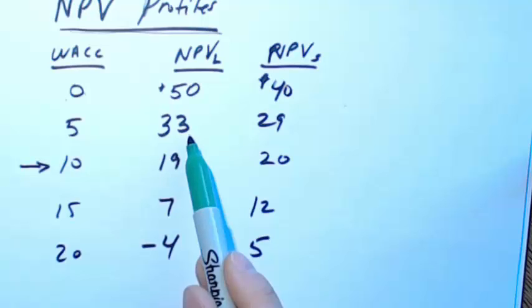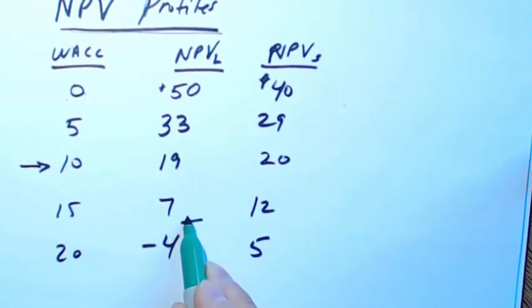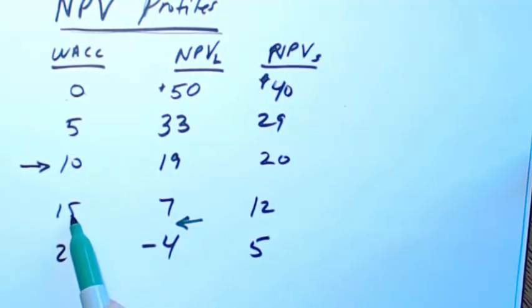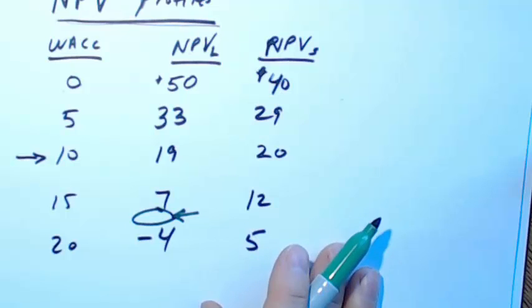So if you thought about where this becomes zero, it becomes zero right here for this particular project, right? So somewhere between 15 and 20% is the internal rate of return for project L.